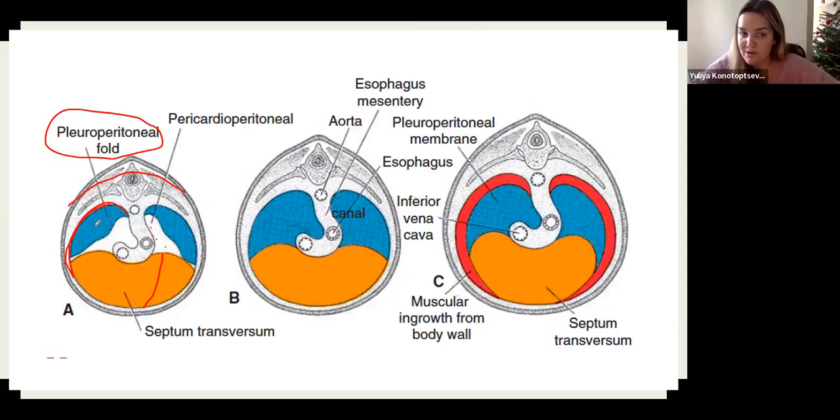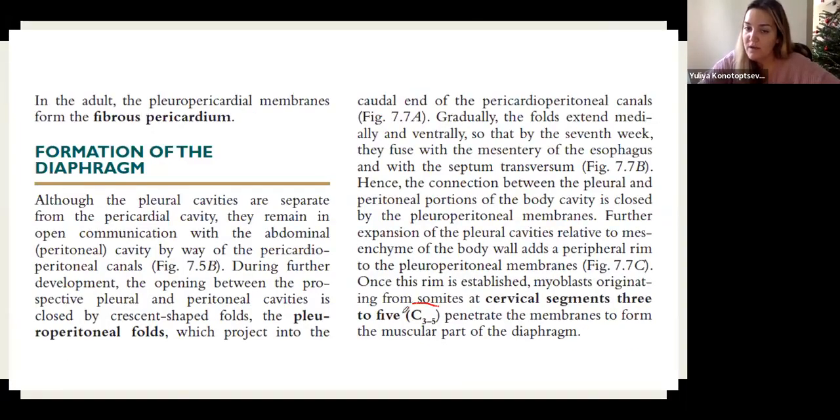These two pleuroperitoneal folds are going to fuse together with the septum transversum, fully closing the connection between thoracic and abdominal body cavity. But you must remember that your diaphragm is a muscular structure, and the innervation of the diaphragm is phrenic. And phrenic nerve comes from C3, C5.